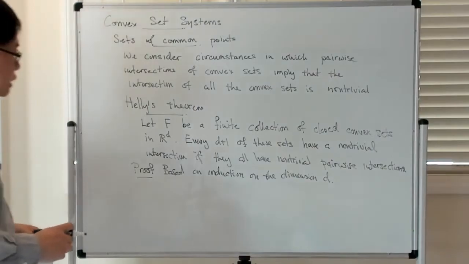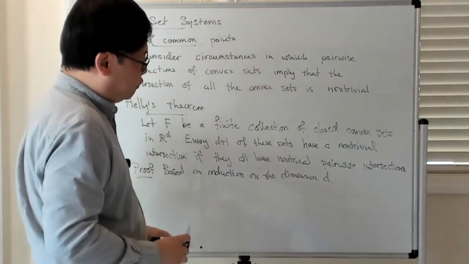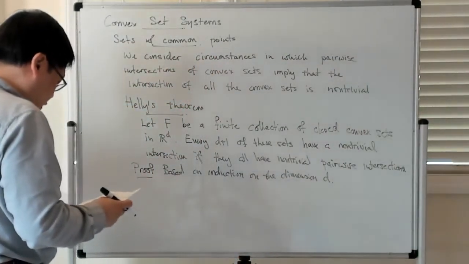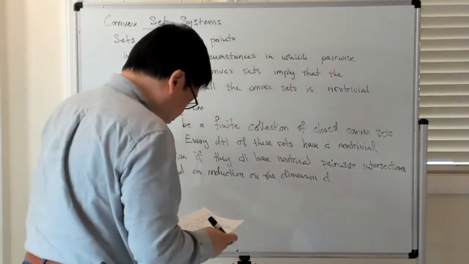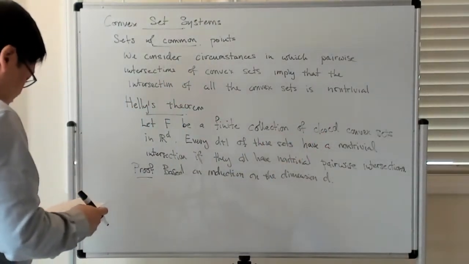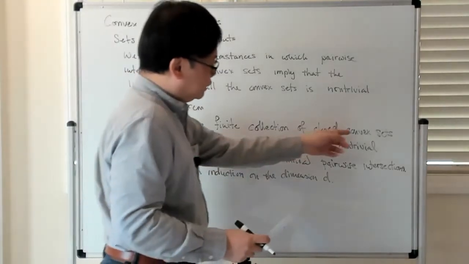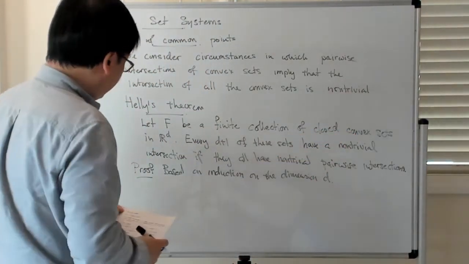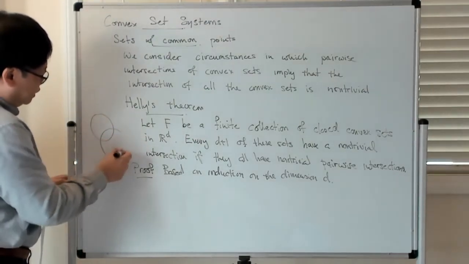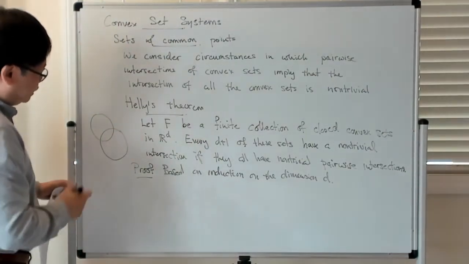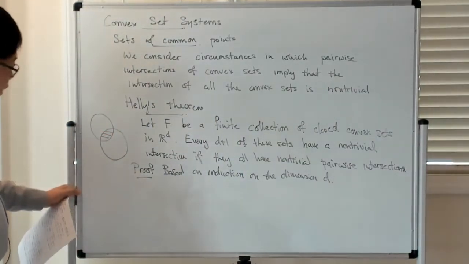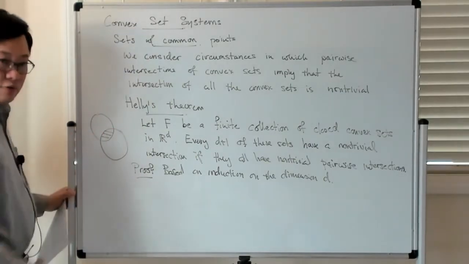But let me make a few remarks about this. The obvious question is, can we relax the conditions that these sets are closed and convex? You can't relax the closedness condition, but you can relax the convex condition. One of the properties that is true of convex sets is that when you intersect them, the intersections have some nice properties.